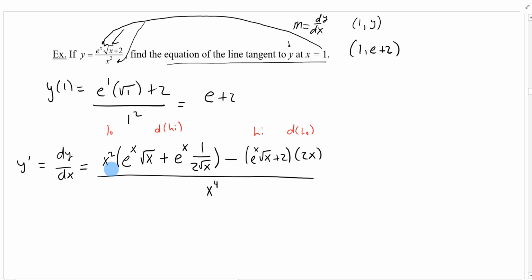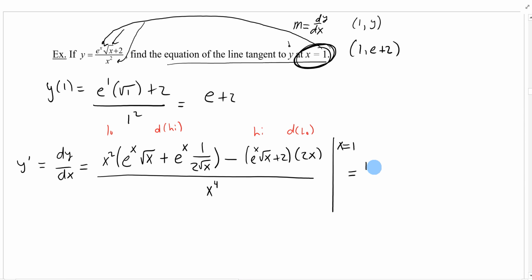Now, do not clean up. You don't have to clean this up. All we want is the derivative. And we're going to go ahead and plug in 1. So the derivative when x equals 1 is simply just all the x's with 1 plugged in.